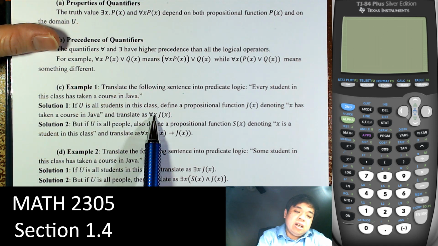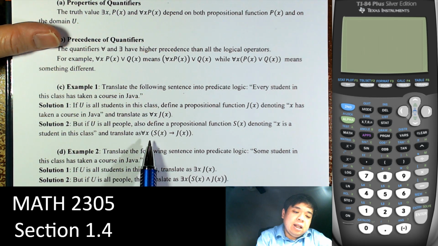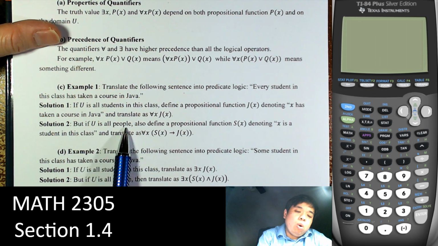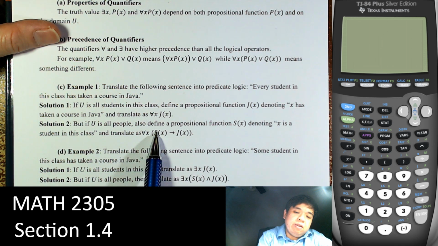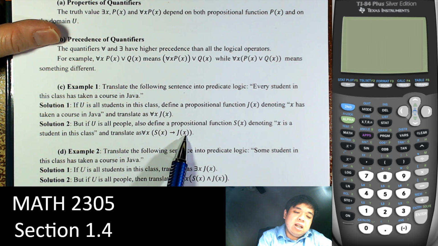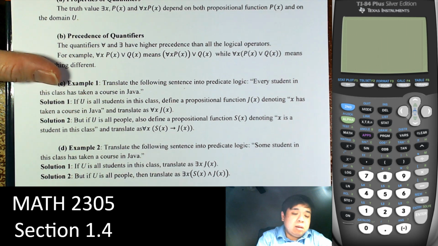So we translate: everybody in this class has taken Java. But if U is all people, everybody, and the proposition denotes x is a student in this class, we translate it like that. So if x is a student in this class, then x has taken Java. So yeah, that makes sense.